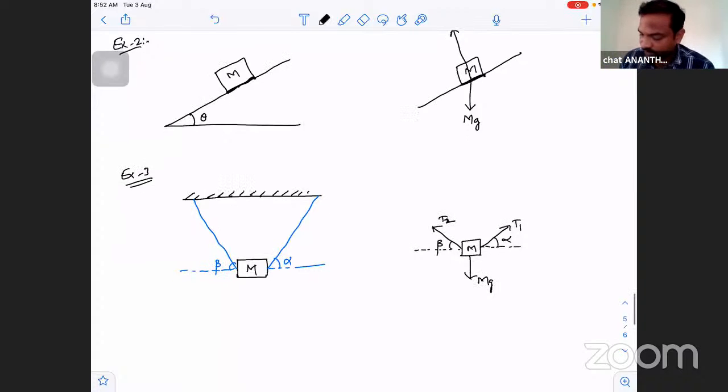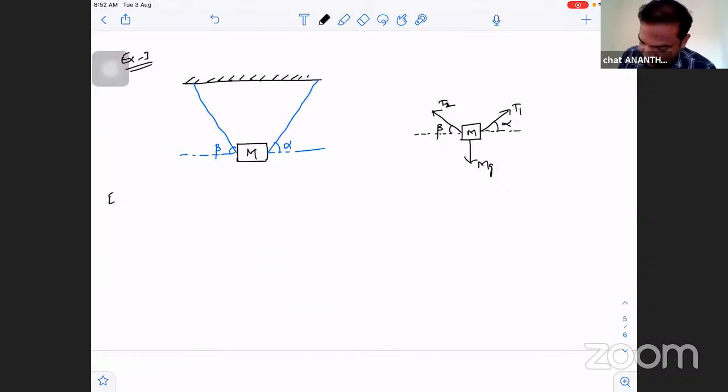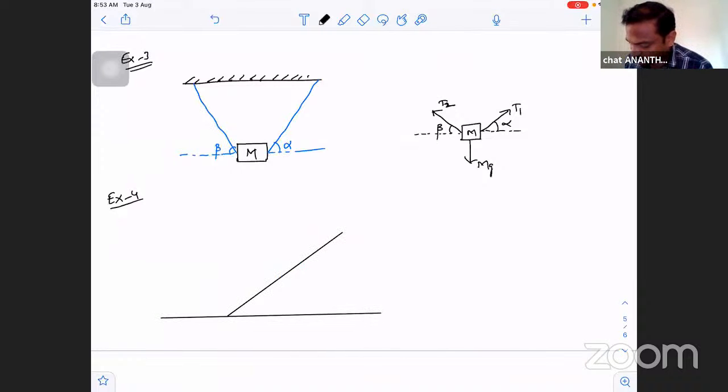So let us go with something a little more complicated now. Imagine this is an inclined plane of inclination theta.